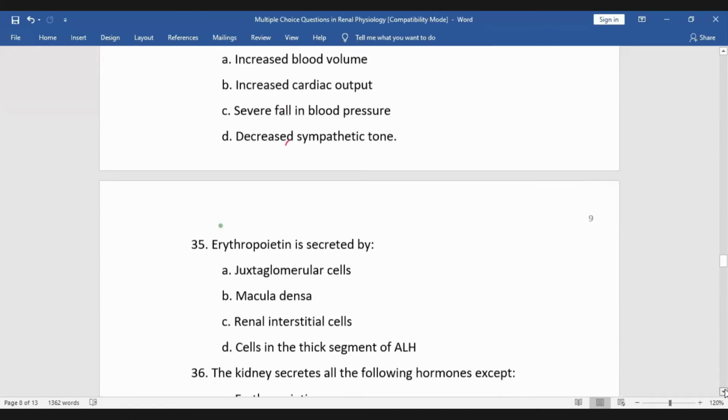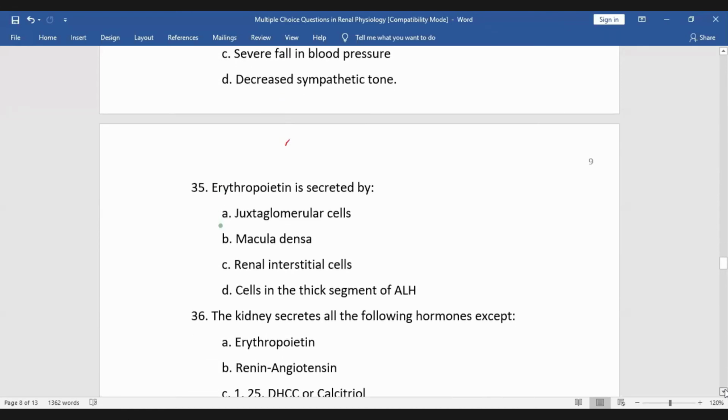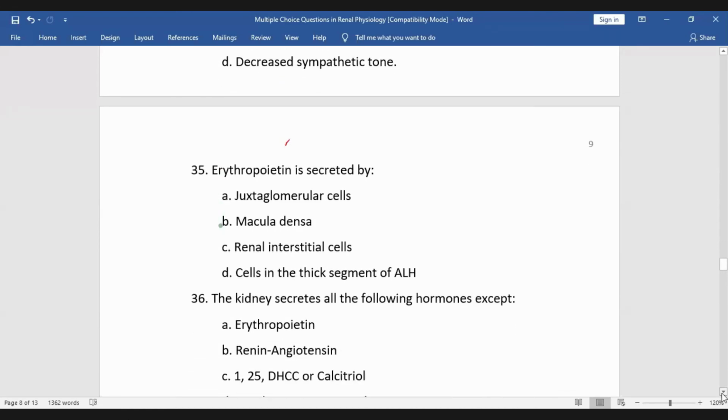Then coming to the next one, erythropoietin is secreted by, no, not macula densa. Macula densa doesn't secrete erythropoietin. Glomerular cells don't secrete erythropoietin. It is the renal interstitial cells. There are cells in the renal interstitium responsible for the secretion of erythropoietin.